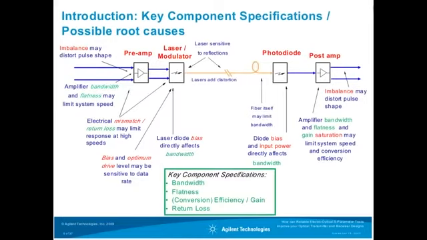Now, key component specifications. What do we want to measure, and what are possible root causes if the measurements show imperfections?